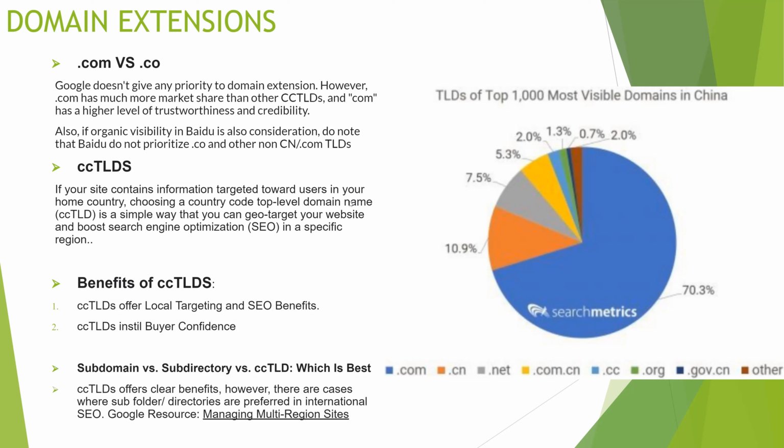All right. And then also, we have the subdomain versus the subdirectory. There are different ways to set up a website when it comes to international SEO. If you have multi-market exposure, for example you are in Singapore but you want to launch in Malaysia or Thailand, then clearly having a country code top level domain would be beneficial.